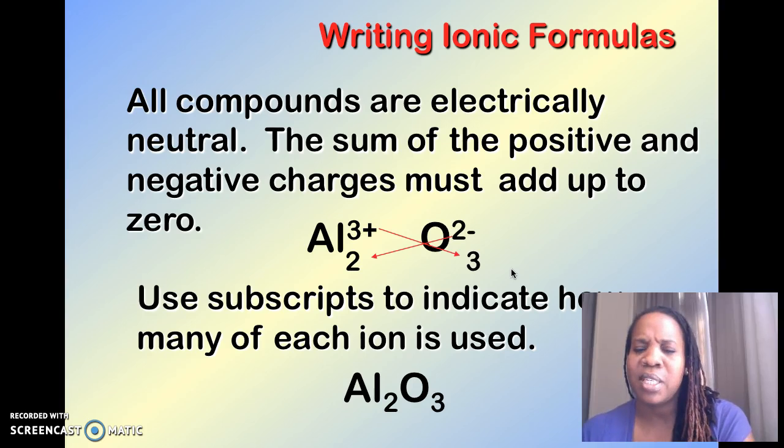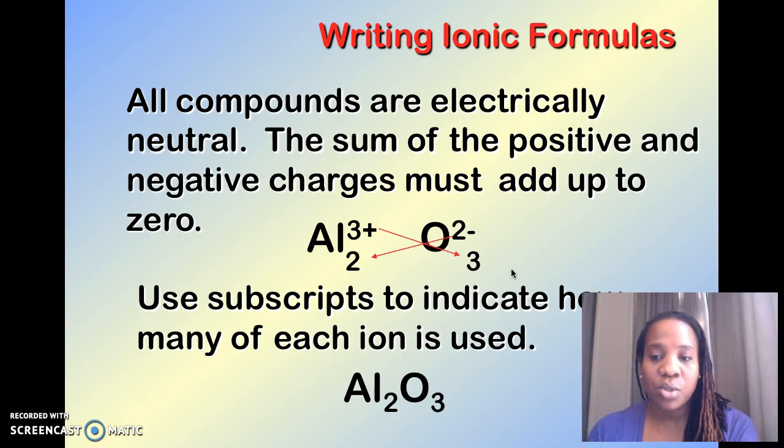And crisscross just means that you want to balance out the charges so that you have a neutral compound. So you're going to use the number from the other ion's charge to form the subscript. So in this case, that means we need 2 aluminum ions to cancel out the charge of 3 oxide ions. And that means the formula for aluminum oxide is Al2O3.